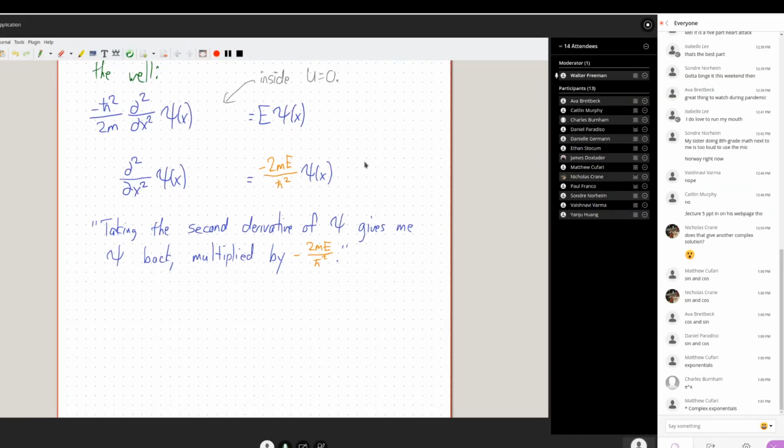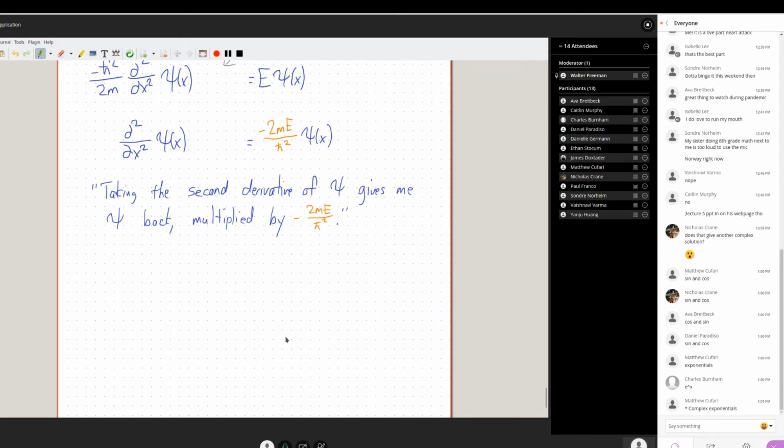Yes. So in the meantime, everybody has said either complex exponentials or sine and cosine. Remember, the first derivative of sine gives you cosine. The second derivative gives you minus sine again. Or complex exponentials. Both of them are solutions, and we'll actually take a look at both.